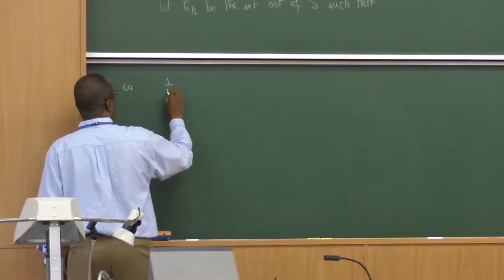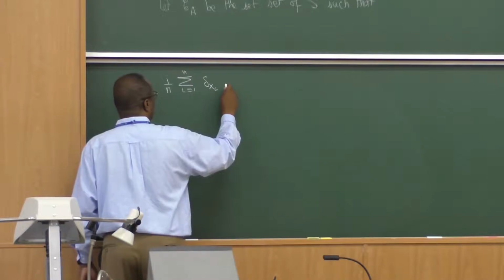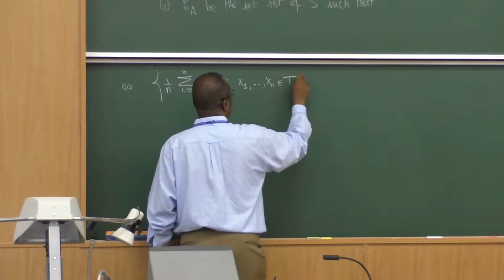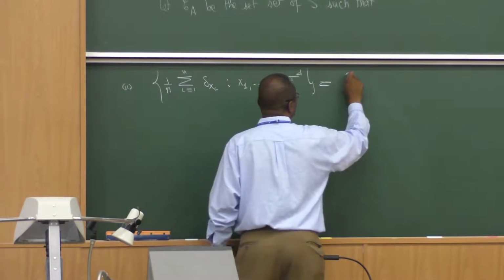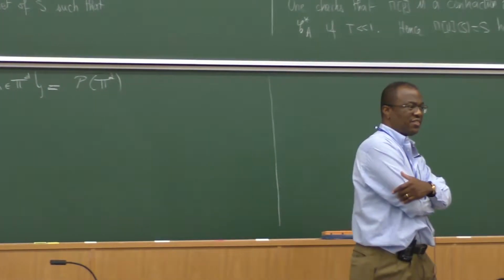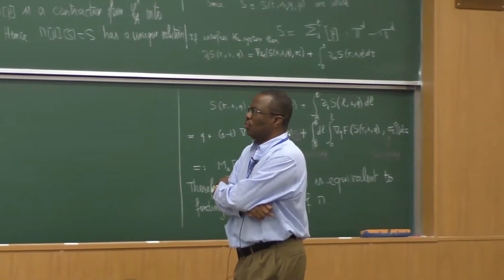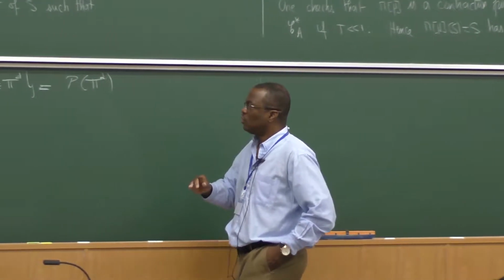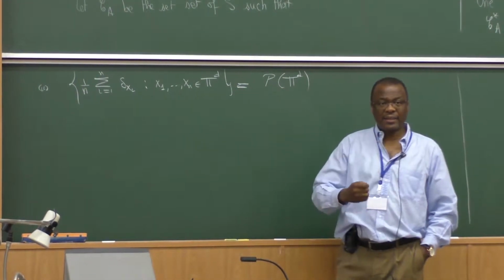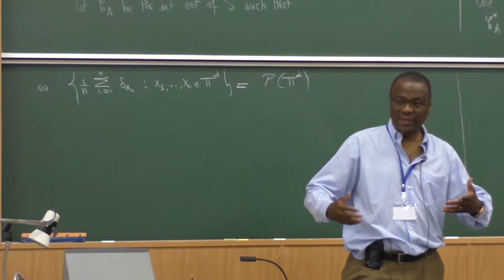So I am going to look at 1 over n, sum i from 1 to n, delta S_i, where S_1, ..., S_n belong to the torus. This is a subset of the set of probability measures on the torus, and the union of this set is dense in the set of measure preserving maps. So the idea is to study the restriction of M to this set and find estimates which are independent of N. And so you let N go to infinity.